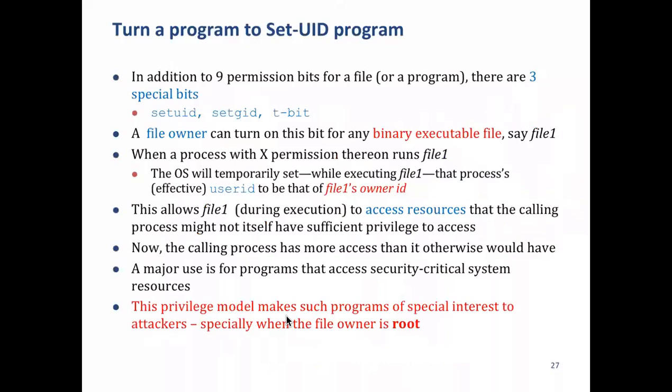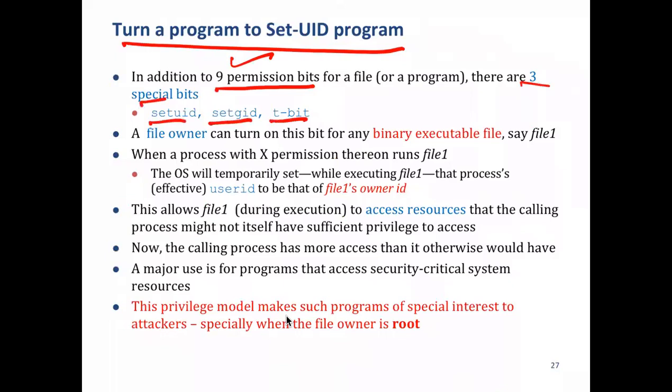So how to turn a program into a set UID program, we have already discussed. There are the normal 9 permission bits. In addition to that, there are 3 special bits, which are set UID, set GID, and T bits. We'll not worry about set GID and the T bit; if you are interested, read about it. Set UID bit: ultimately you are trying to read a file.